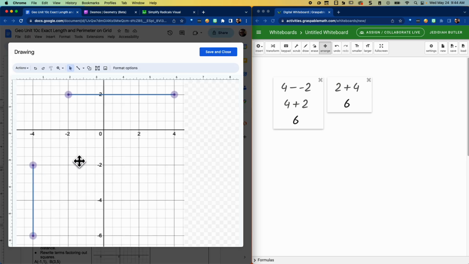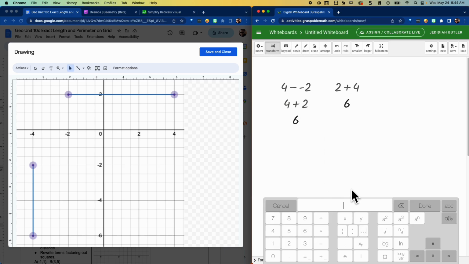So the vertical one here goes from -2 on the y-axis down to -6. If I'm trying to figure out how far that is, from 2 to 4 to 6, that's 4 units long. There are a couple of ways I can do that.